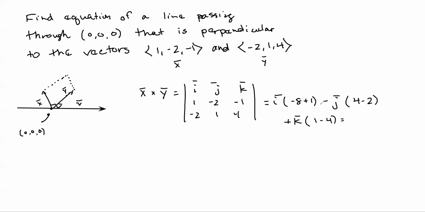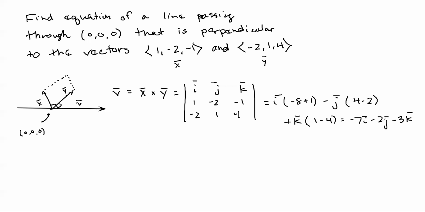And we end up with -7i, minus 2j, and then minus 3k. So that is going to be our vector that's perpendicular to these two, and that's going to be the direction vector for the line that we're trying to create.